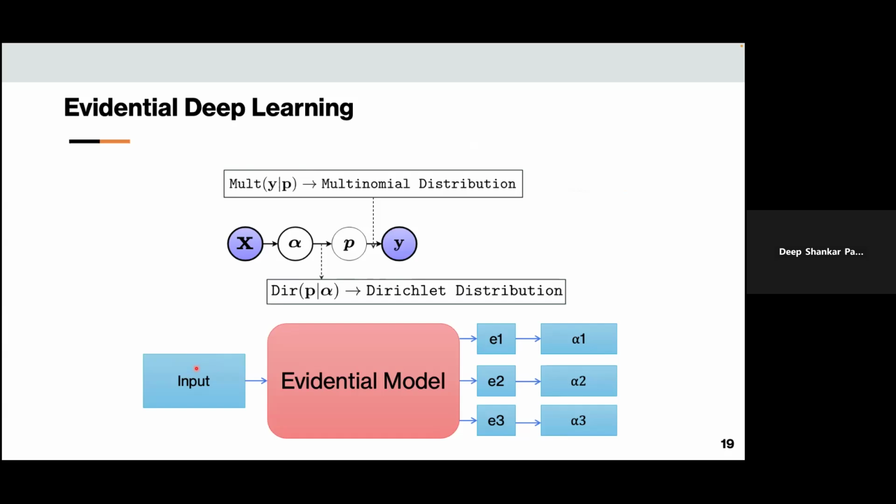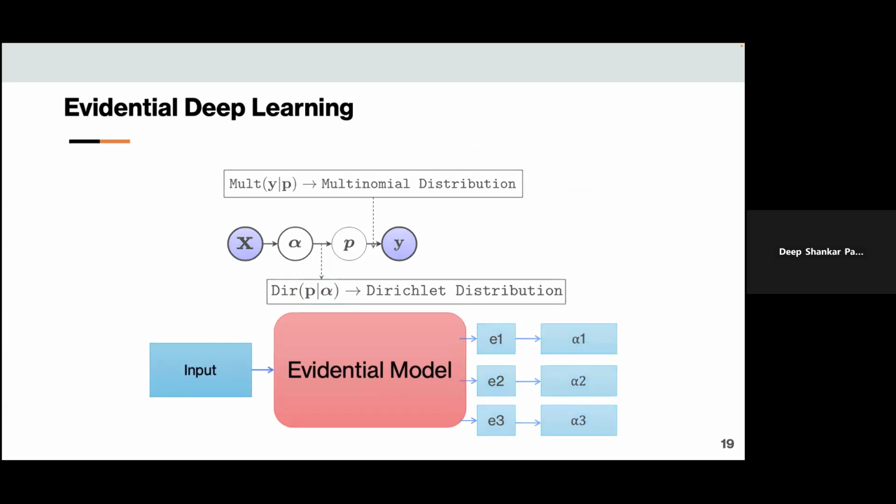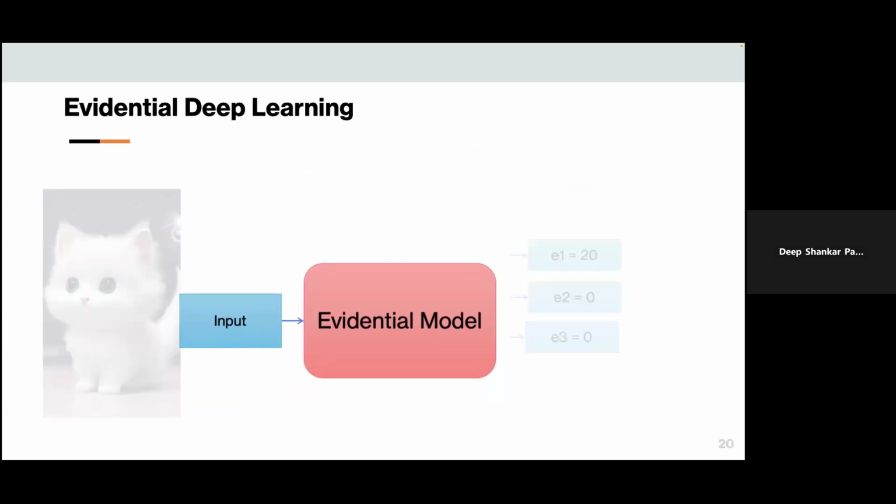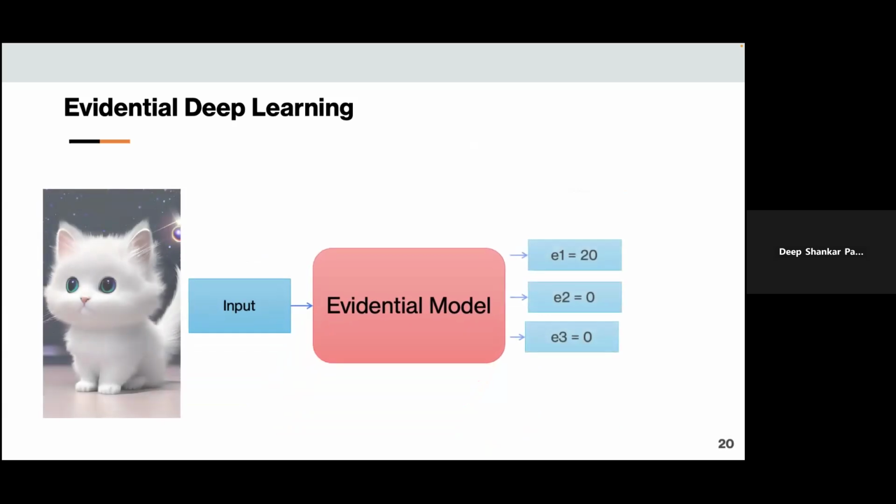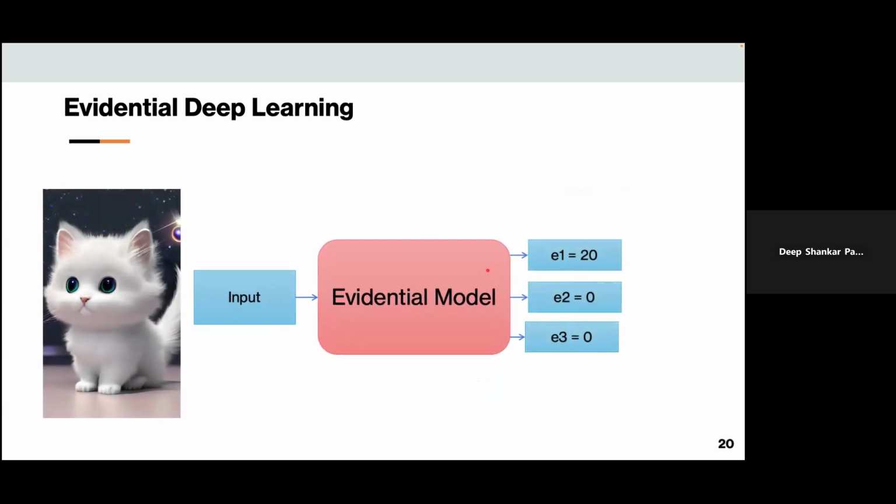It's sharply peaked at the target class, that is the cat class. This is the visualization of the Dirichlet distribution, and since it's sharply peaked at one of the classes, the model is quite confident that the input is a cat. So this is one instance where the model is confident in its prediction. There is not much confusion. Here the model is basically saying, I'm confident that it's a cat.